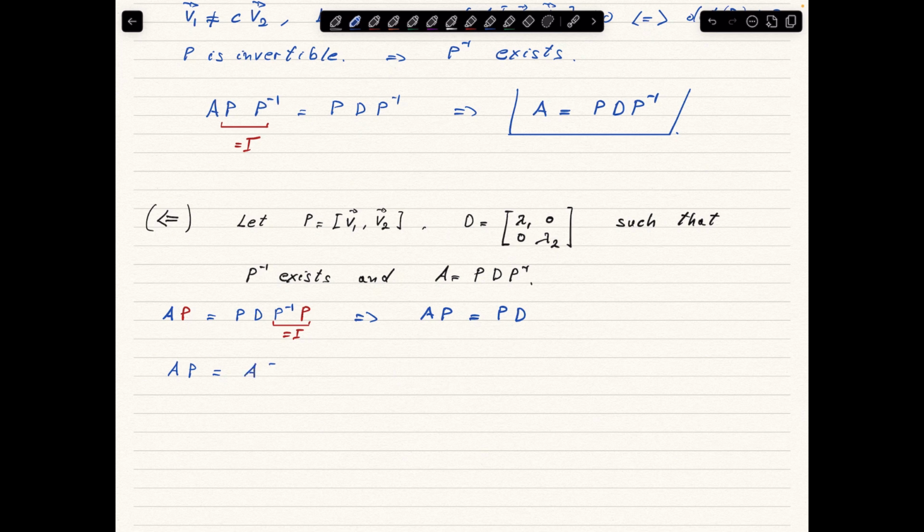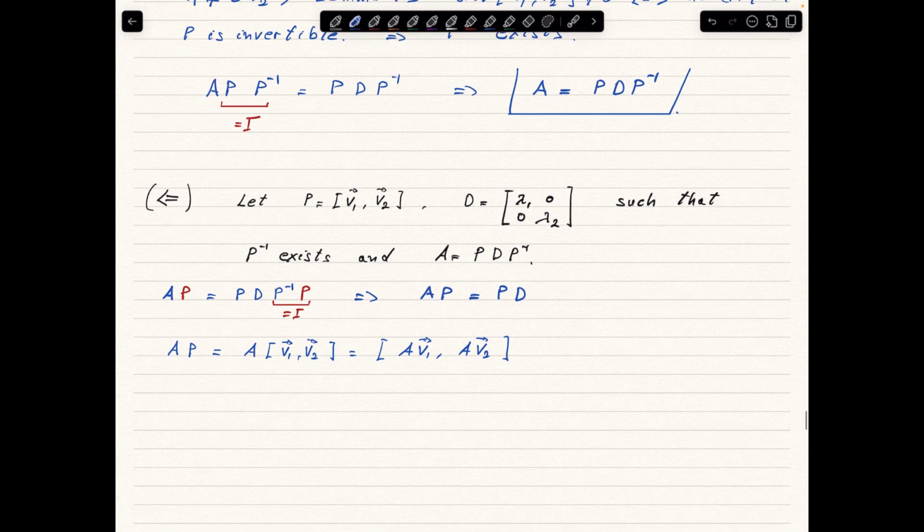It is matrix A acting on v1, v2, and just as we did before, this is A acting on v1 and A acting on v2. Okay, but we need to stop here now. We don't know what A acting on v1 is, but we still have the other product, the product P times D, which is the same as we did before: v1, v2, acting on the matrix with lambda 1, lambda 2 on the diagonal, and 0 everywhere else.